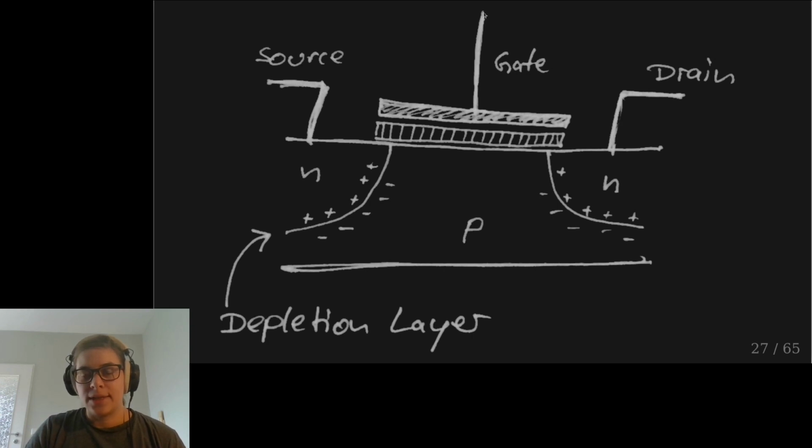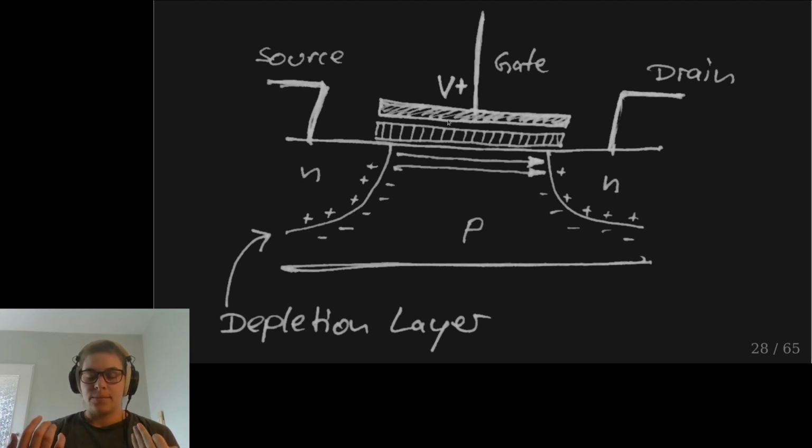The interesting thing is if you now put a positive voltage onto this gate, this will exert an electrical field through the insulated area in the silicon, only very close to the border, where the positive voltage is.